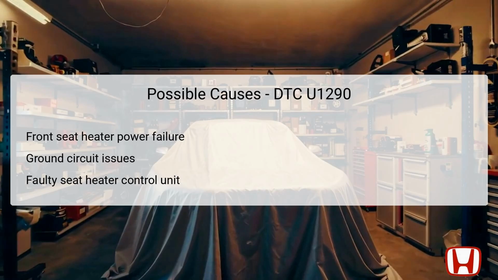Furthermore, a faulty seat heater control unit can also lead to DTC storage if it malfunctions and fails to initialize or communicate correctly with the climate control system. Thus, it's crucial to investigate each of these possibilities comprehensively during the diagnostic process.